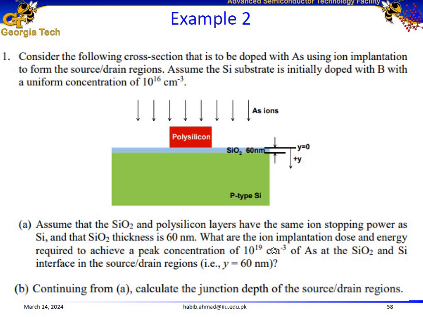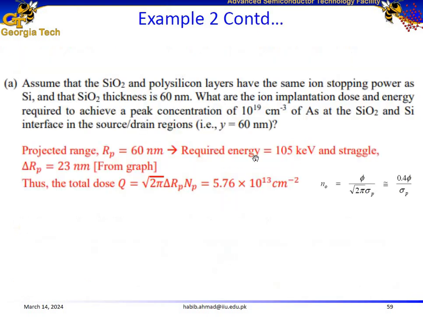We are asked to calculate the dose and energy in order to achieve a peak carrier concentration of 10 to the power of 19 per centimeter cube at this intersection of silicon dioxide and silicon.